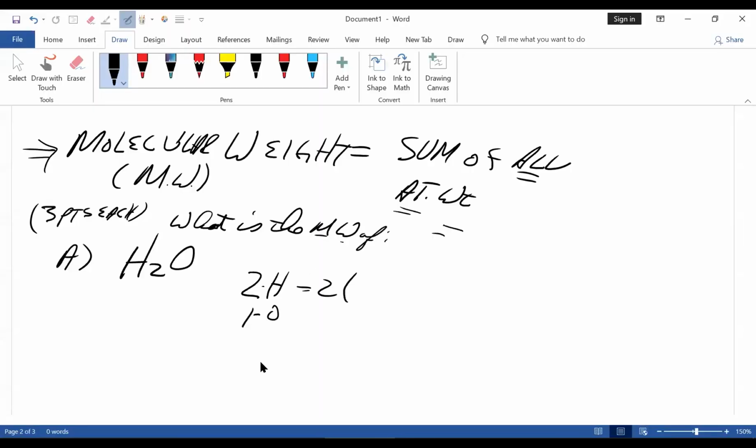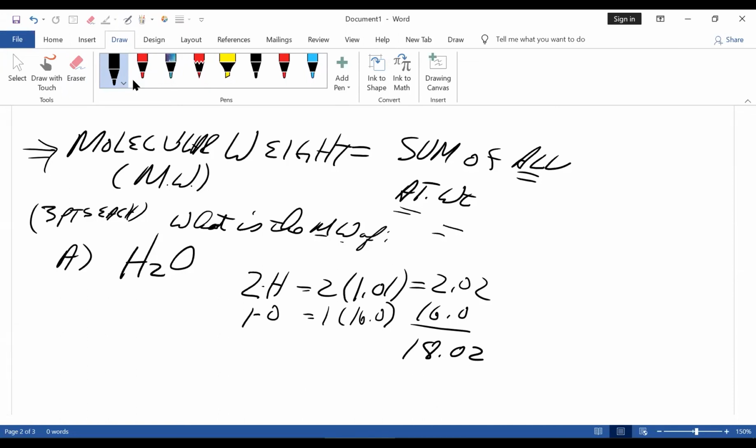So each hydrogen is 1.01. That's the atomic weight of hydrogen. There are 2 of them. Each oxygen, 16.0. Do the math. Add it up. And you get this.